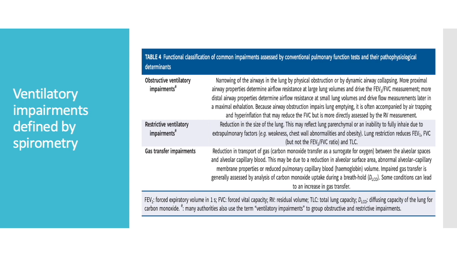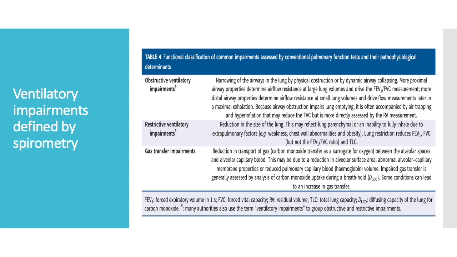So whenever we talk about classifying any impairment, it's important to note that it is to be classified as a ventilatory impairment. This is not diagnostic of an obstructive disease, for example. An obstructive ventilatory impairment does not equate to COPD or asthma.